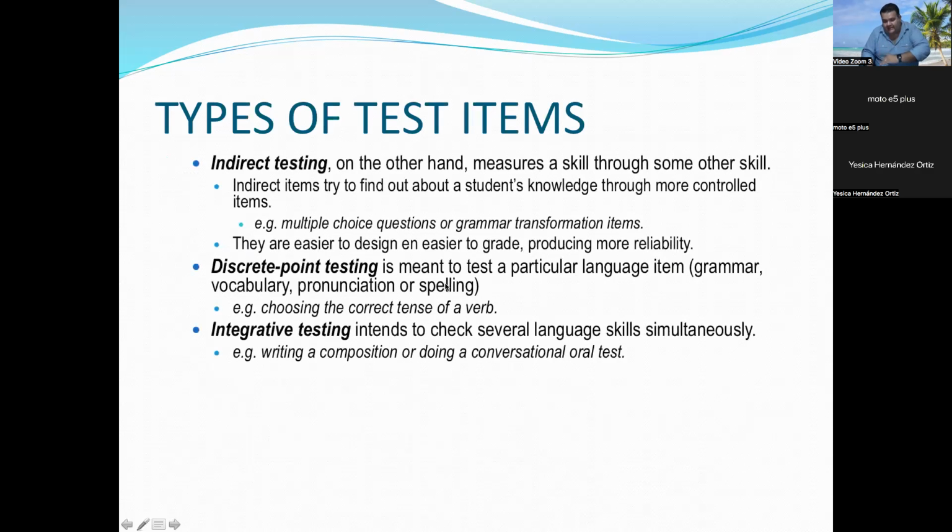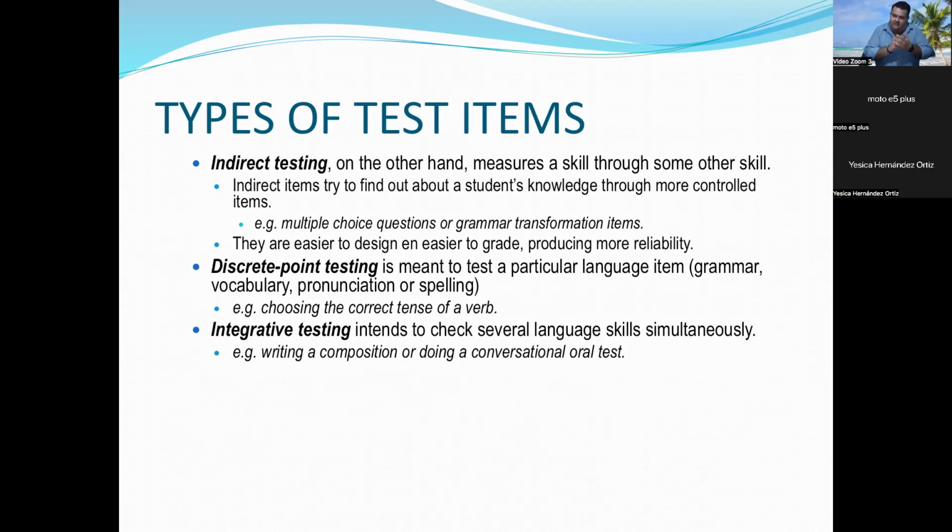On the other hand, indirect testing measures a skill through some other skill. Indirect items try to find out about the student's knowledge through more controlled items. I'll give you an example. You have a paragraph, no? A paragraph is for reading.